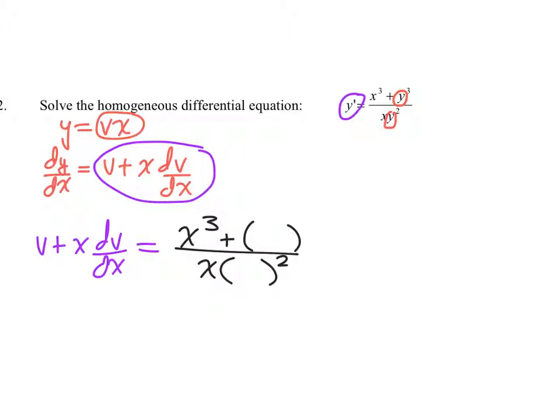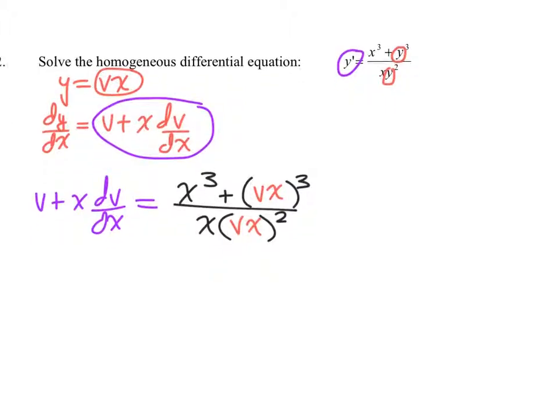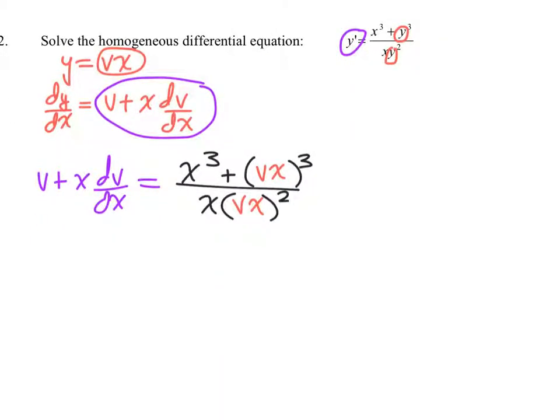So the equivalent of y is vx. And you'll see in a sec, this is shockingly simple by comparison. So we're looking at x cubed plus v cubed x cubed over v squared x cubed.